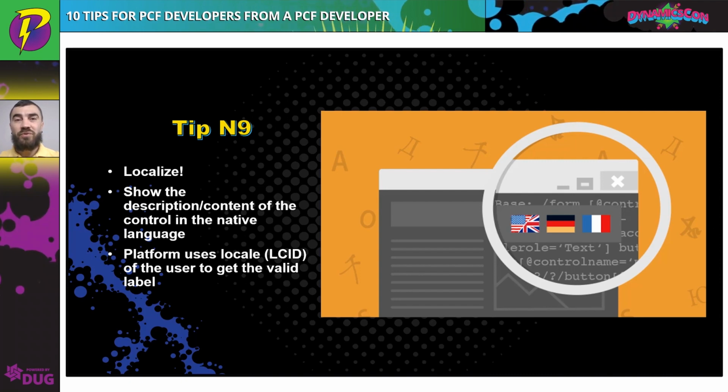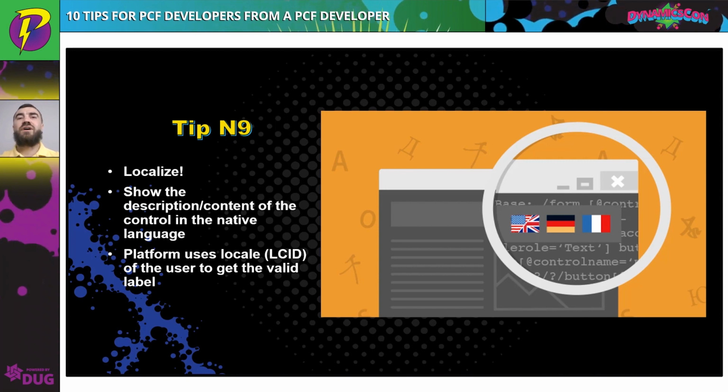In order to localize a control, it is required to create resx files, embed them inside the control, and use them inside the control's code and configuration afterwards. So what is a resx file?